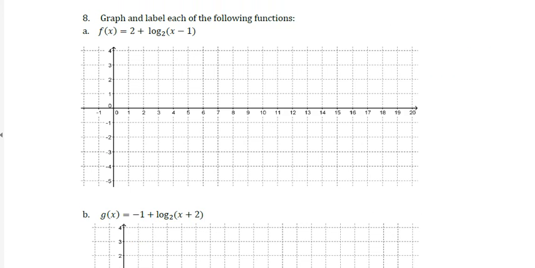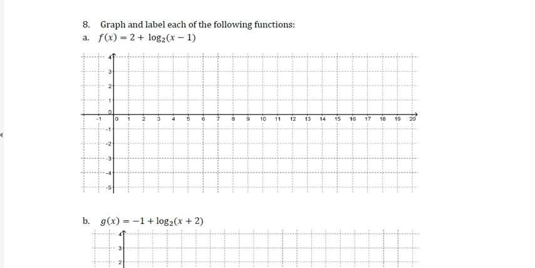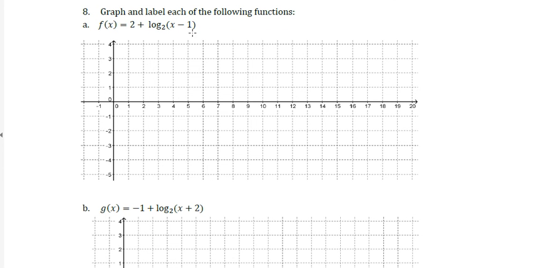Okay, so now we need to do a couple little graphs here. First thing, it says x minus 1, that means I have an asymptote at x equals 1. So let's just draw that in.